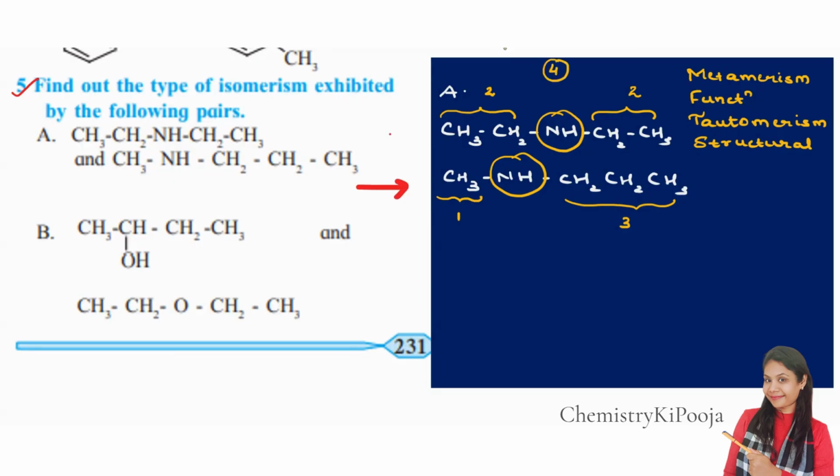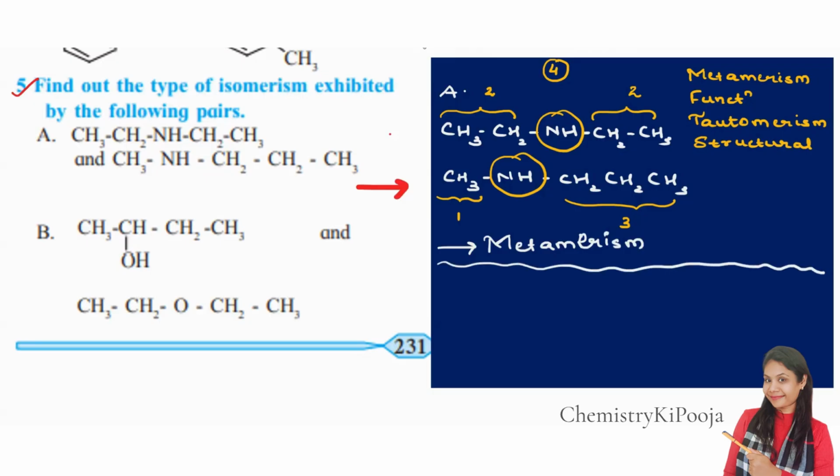Hydrogen and nitrogen are also the same, but the only difference is the alkyl groups present on both the sides are different. So this is nothing but metamerism. Okay. So the isomerism shown here is metamerism. Clear? So this is the first question.